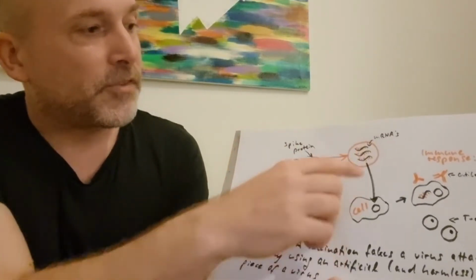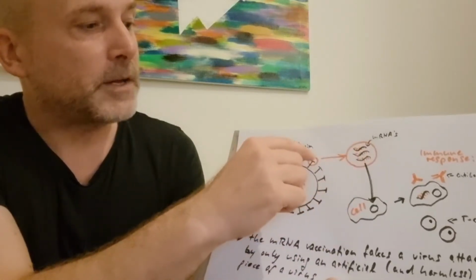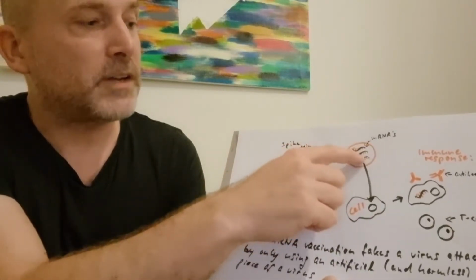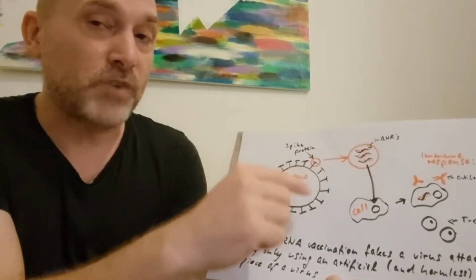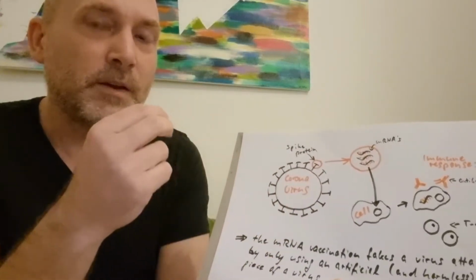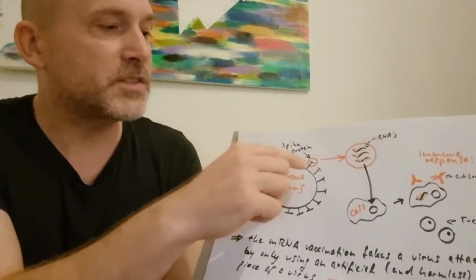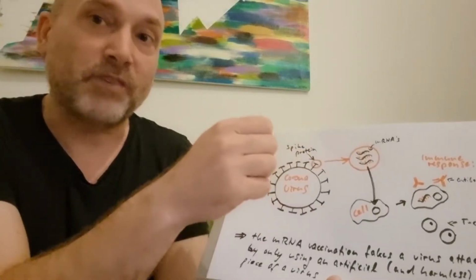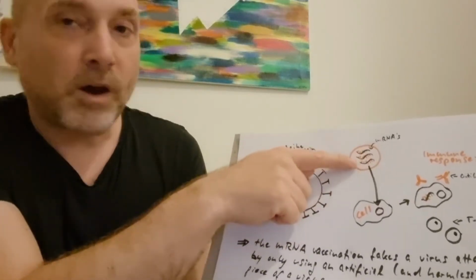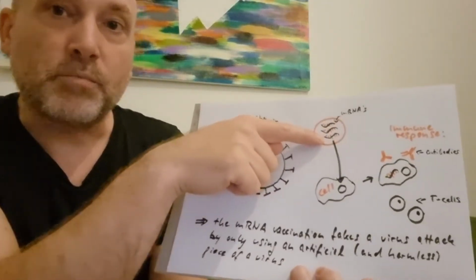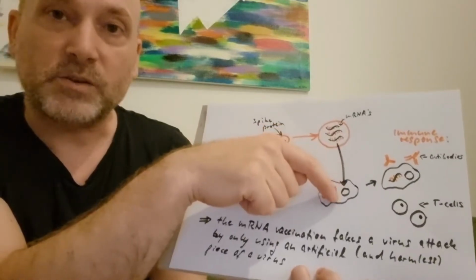So what you end up with is a specific spike protein mRNA, meaning an mRNA that codes for this spike protein, but it doesn't code for the entire rest of the virus. So it's really just a piece. It's like if you were just copying the key that the virus has, but nothing else. And that mRNA is then being brought into a regular cell.